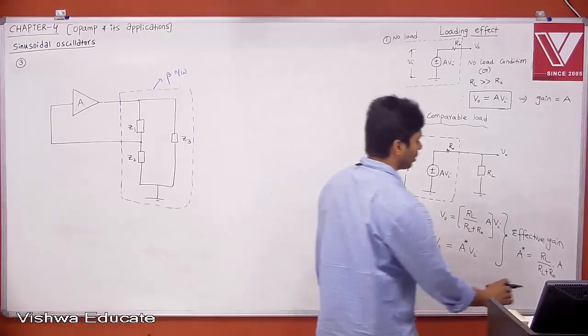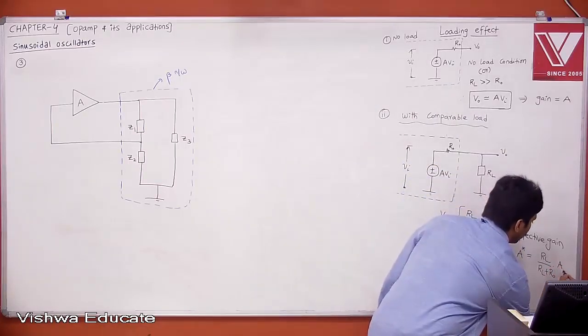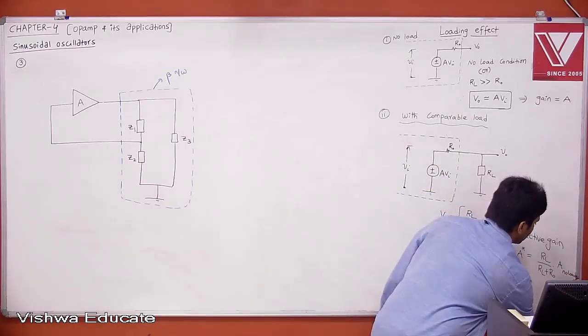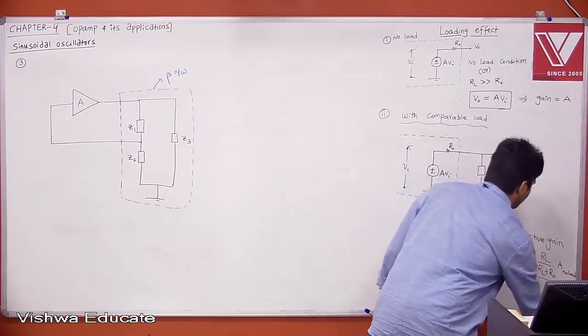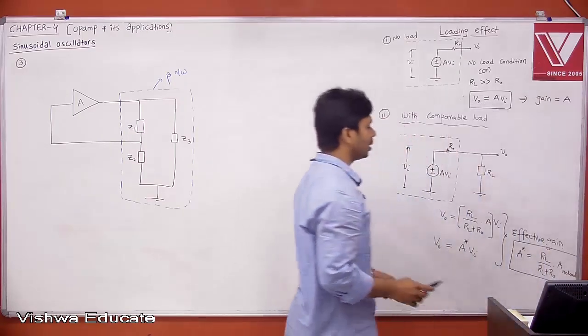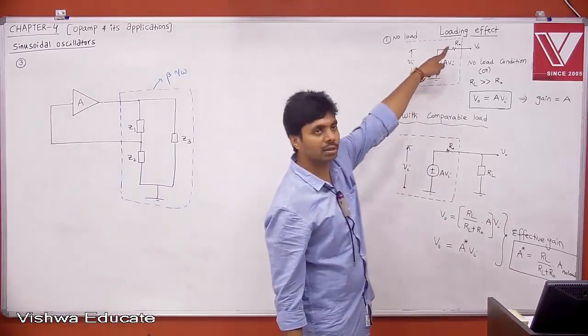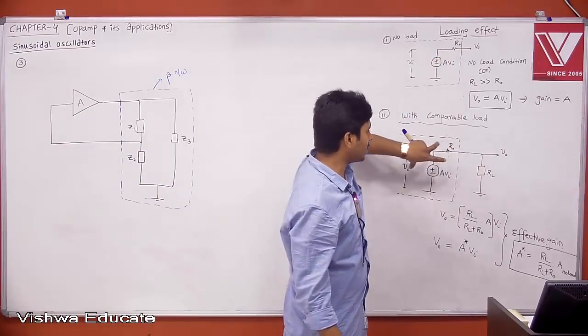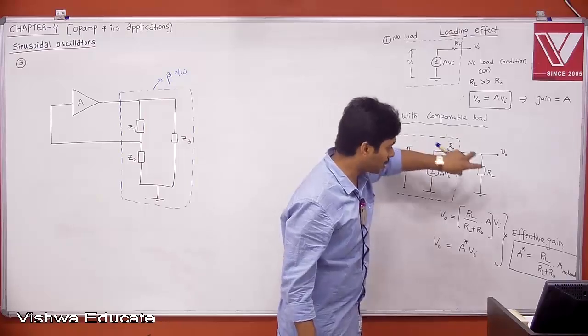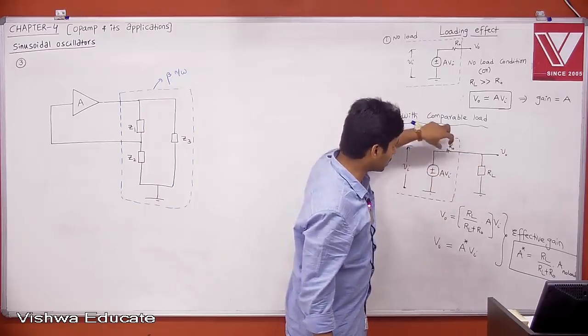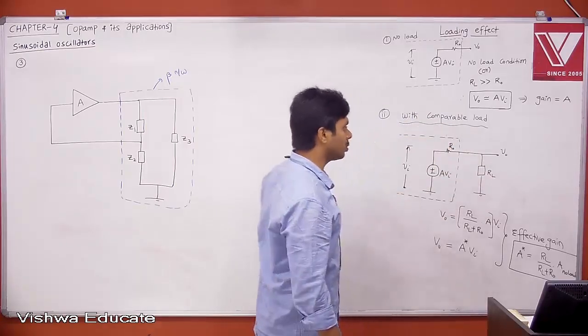This is your effective gain. This is very important, which we need to consider. This is what is called the loading effect. Your load is going to affect your overall gain, provided that load is comparable to your R0.